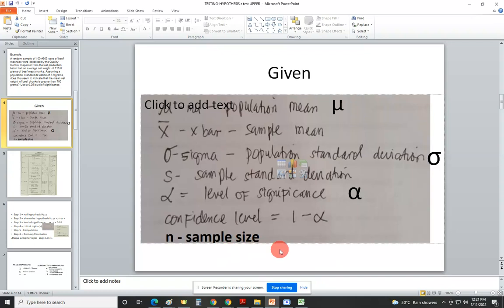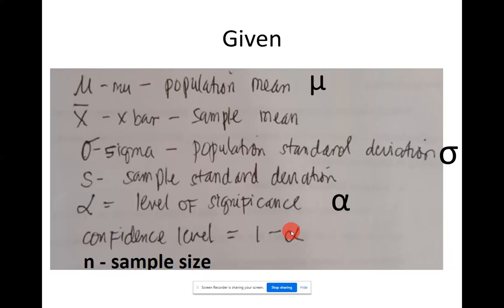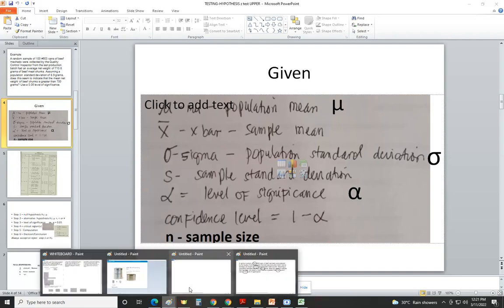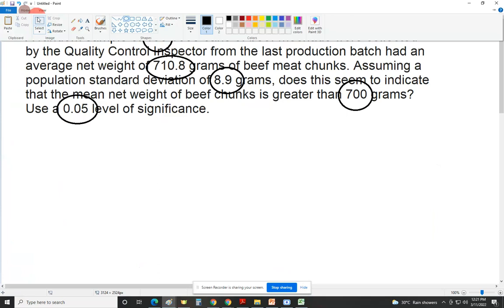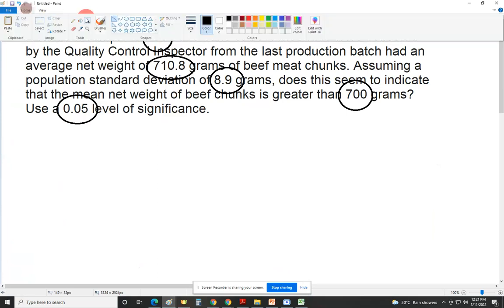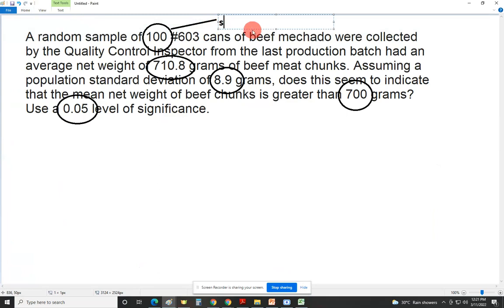What is N? Sample size. Okay, very good. So we're done with this first quantitative given. This is the sample size.